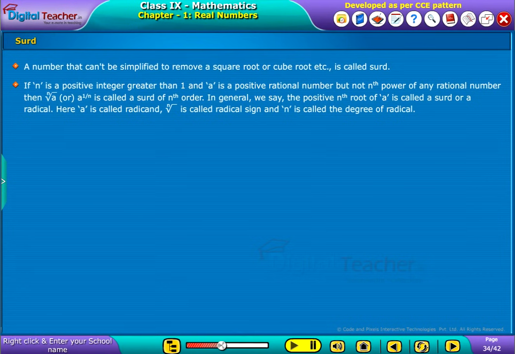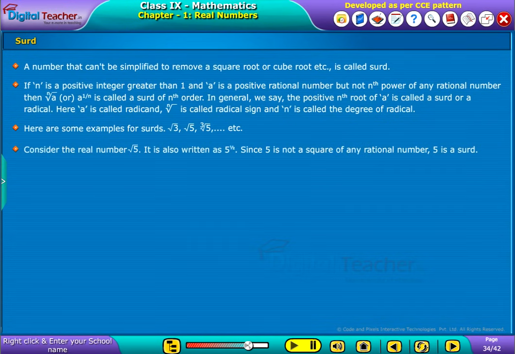In general, the positive nth root of a is called a surd or a radical. Here a is called the radicand, the nth root symbol is called the radical sign, and n is called the degree of the radical. Some examples of surds are root 3, root 5, cube root 5, etc.